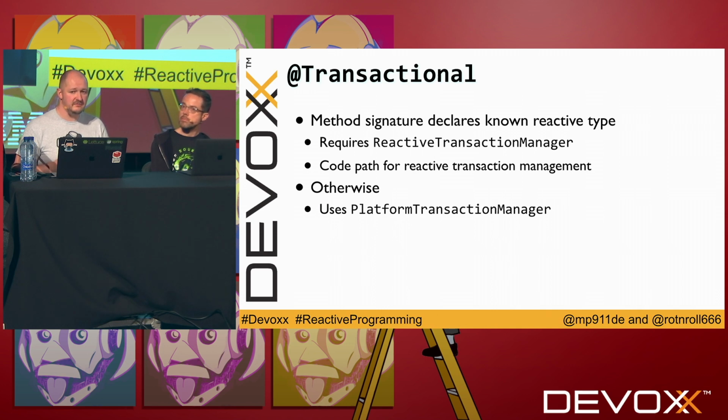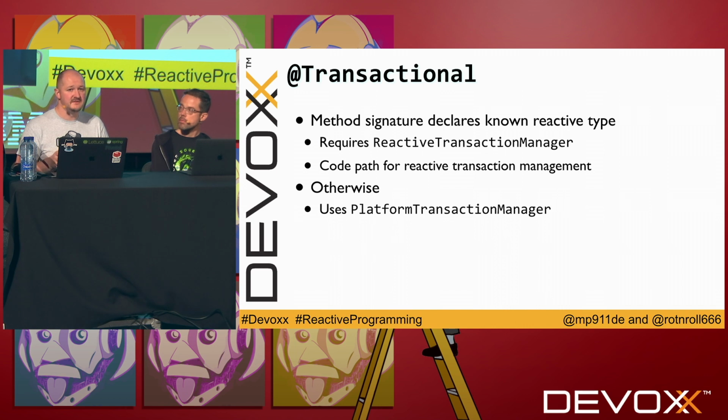If the method returns a known reactive type, this can be a Publisher, Mono, Flux, RxJava Single, Observable, Flowable. This can be any Kotlin suspended type, so a suspendable method. This can be a Kotlin Flow. This can be even a CompletableFuture.